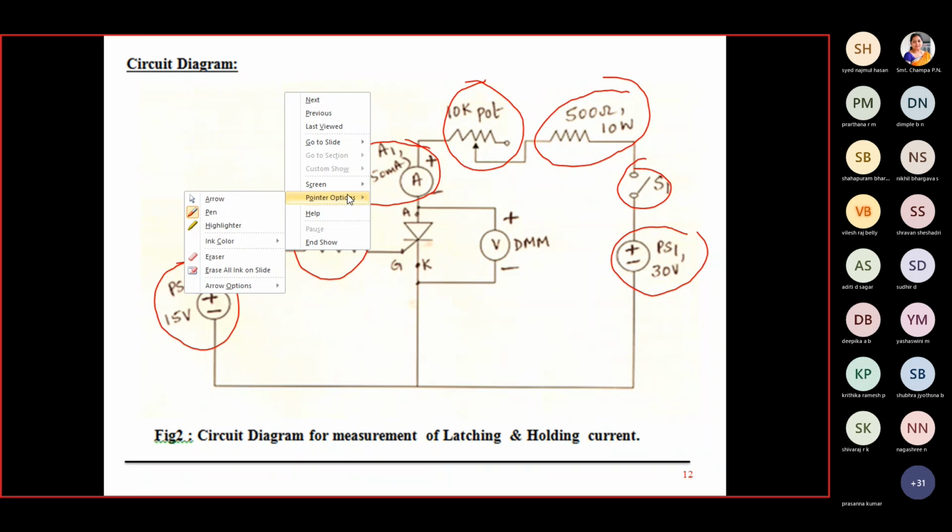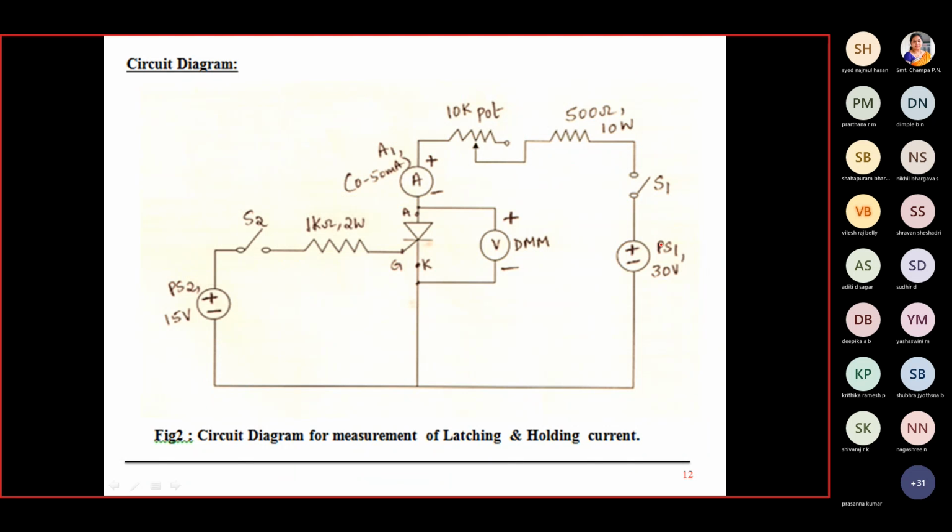Now you need to see how to find the latching current. Latching current and holding current will be given by this ammeter. No need to worry about the gate current here. But here the initial conditions are different.